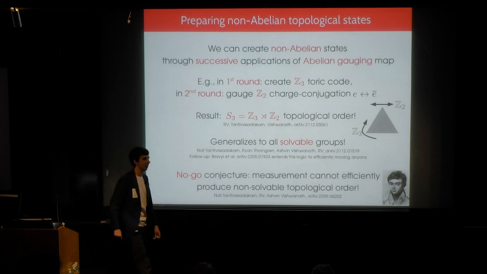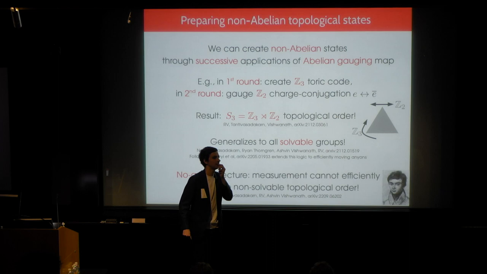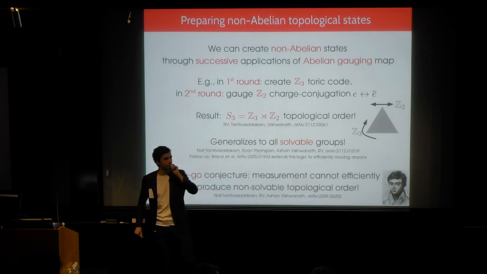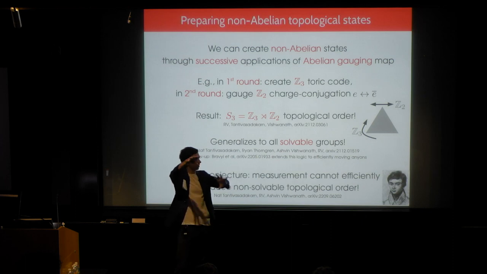If you were given multiple copies of, say, Fibonacci, something that you can't prepare, you do something like a twisted double Fibonacci. So you're starting with something I can't prepare? Yeah, you're given something you can't prepare, but let's say you're given a few copies of it. Can you then gauge certain abelian symmetries out of it? You can, but the statement is you won't be able to leave that class.